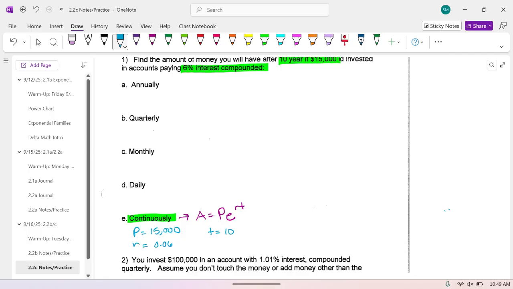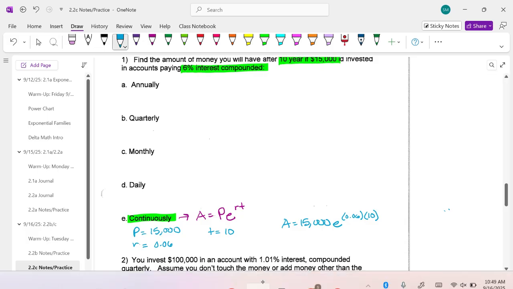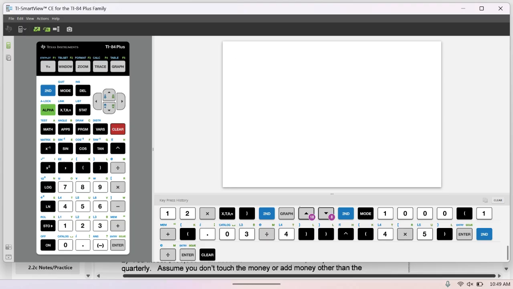If I plug this back into my function, A is equal to 15,000 E raised to the 0.06 times 10. If I were to put this in my calculator, watch this. Your calculator has an E value, especially if you want to raise it to the E value. So you're going to do 15,000, then hit second, and then the key that says LN.